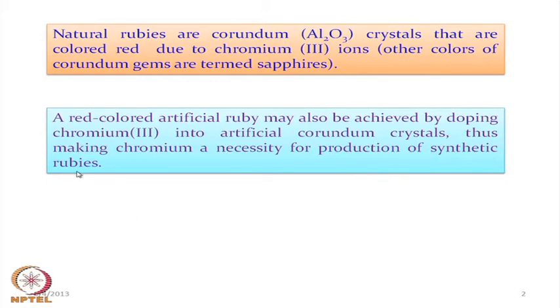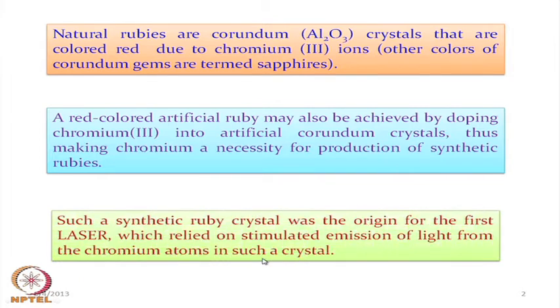We call this the typical procedure for the production of synthetic rubies, because synthetic rubies are very useful for different optical instruments and for optical properties. One such synthetic ruby crystal can be utilized for the generation of laser, which is nothing but light amplification by stimulated emission of radiation.